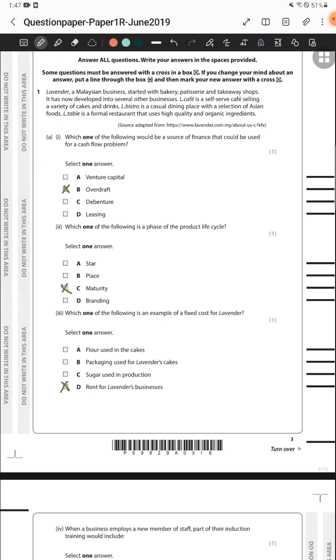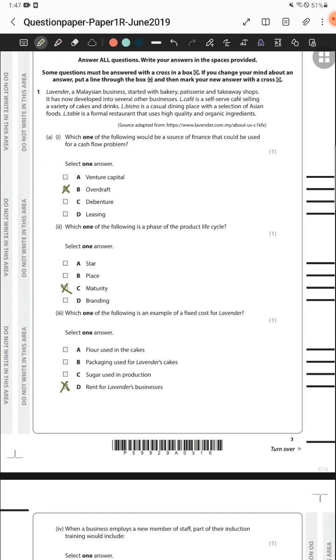Now, you should be able to memorize this. It doesn't usually come out, but it's important to know it because, like this, for example, it may come out.